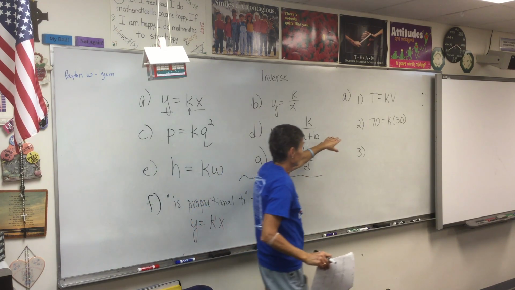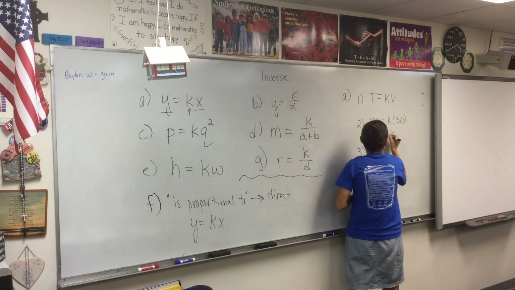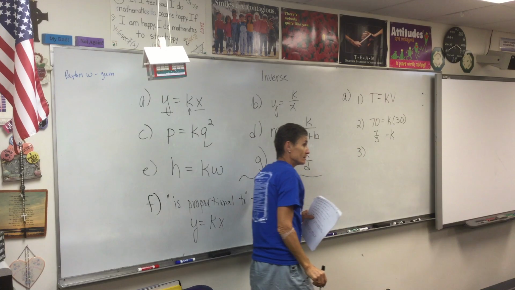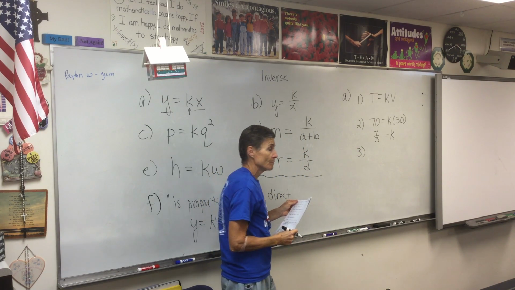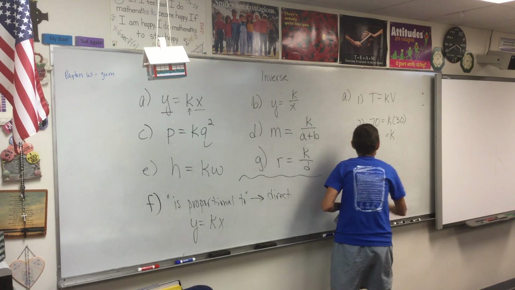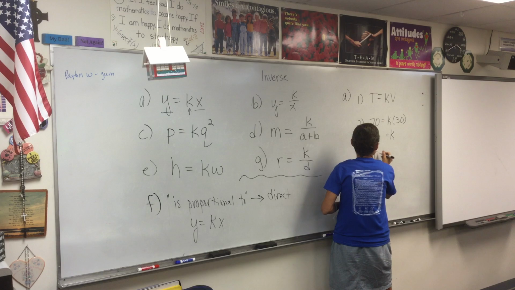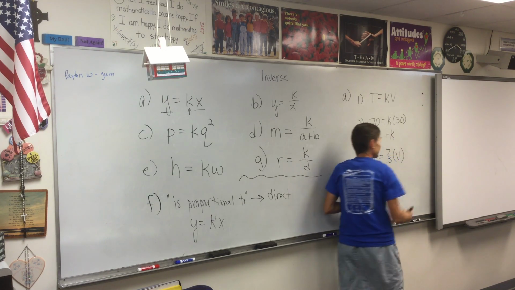Now, what am I going to be able to figure out? K is 7/3, 70 over 30, 7/3. So now that I know what K is, my equation can be written T equals 7/3 times V.